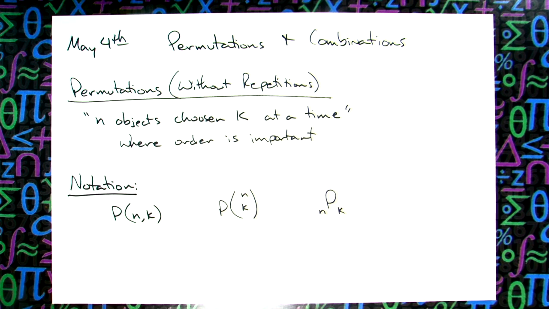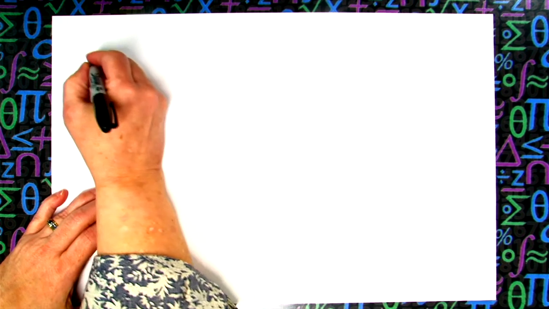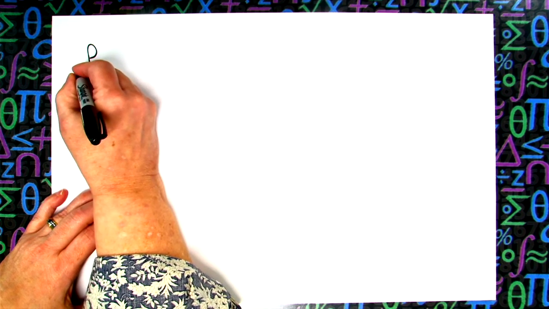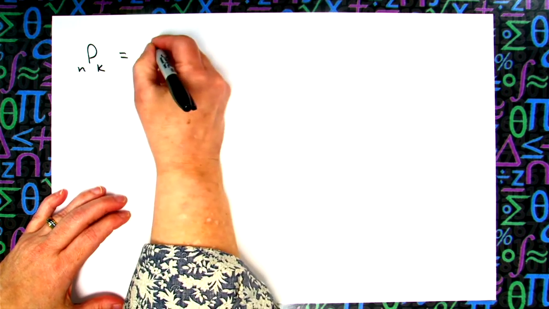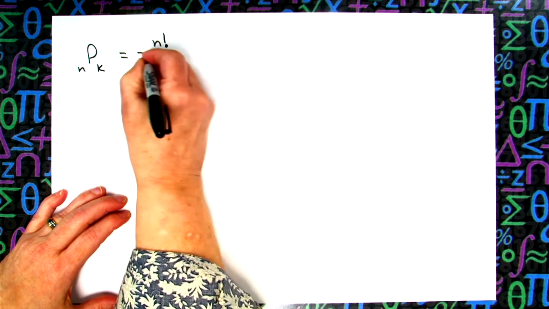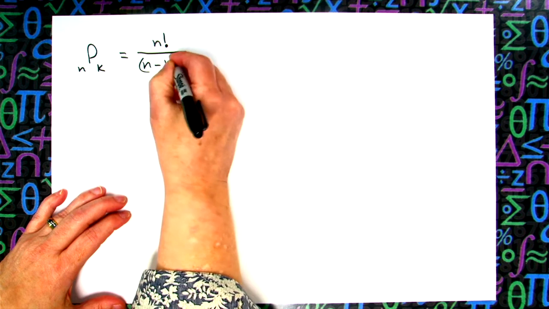Okay, now I gotta go to a new piece of paper. The formula you're gonna have to know. Capital P, n k. So this is a formula for permutations. It is n factorial over n minus k factorial, with a set of parentheses around that n minus k. All right.